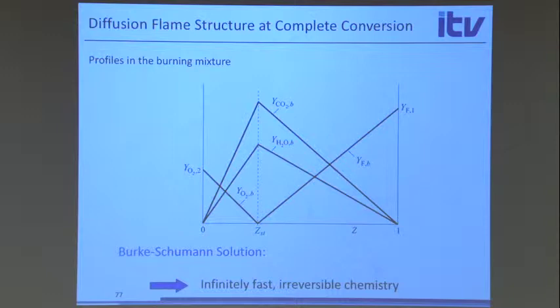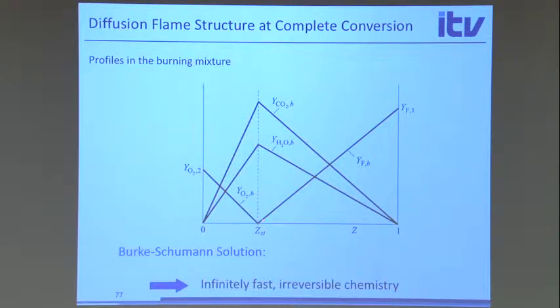It gives you, for one-step global chemistry, the complete solution as a function of mixture fraction, and it's just based on the coupling function basically. Really, it all comes from the coupling function, and this is a solution for infinitely fast irreversible chemistry. And you see here at stoichiometric conditions, so this here would be the oxidizer, this is the fuel, where here, for example, CO2 and H2O are 0.